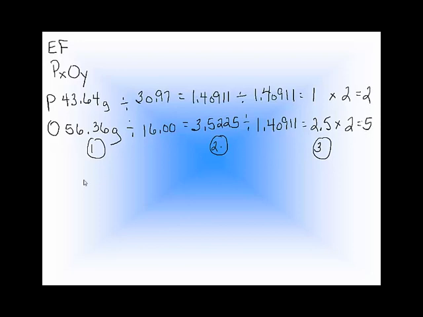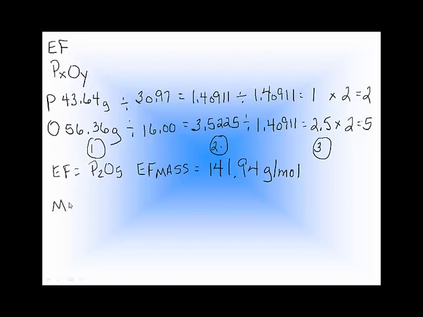So my empirical formula is going to be P2O5. That means my empirical mass is 141.94 grams per mole. In order to find the molecular formula, I use the Me equation.